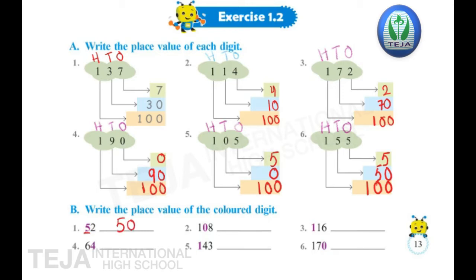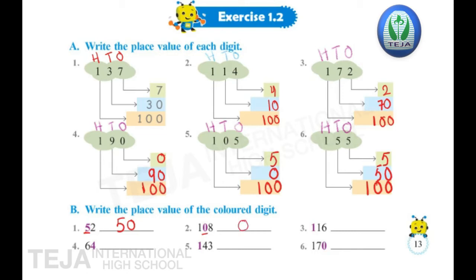Next one, here 108. 0 is colored. 8 is in ones place, 0 is in tens place and 1 in hundreds place. The value of 0 is in tens place. So anything into 0 is 0. Value of 0 will remain the same.